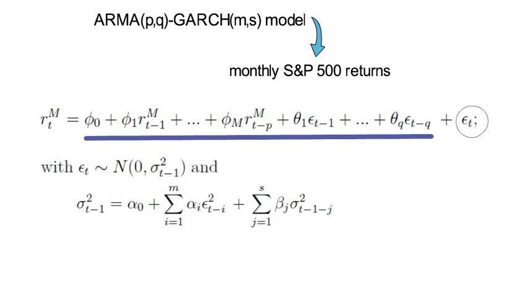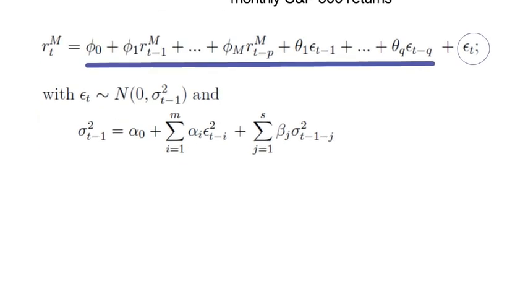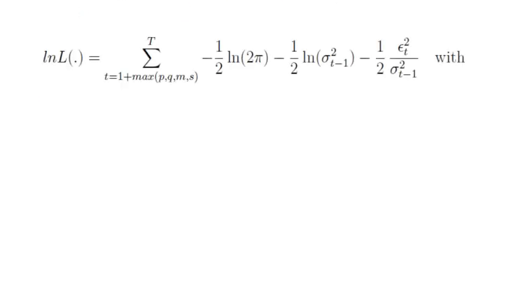Instead of slicing the estimation problem into several subproblems, as I have done in the video on estimating ArchM models, I will here only write down the joint log likelihood function, which you then have to numerically optimize. So the joint log likelihood function coincides with that familiar expression.